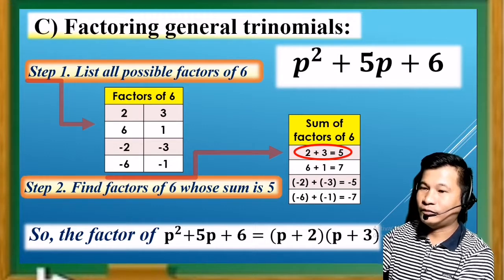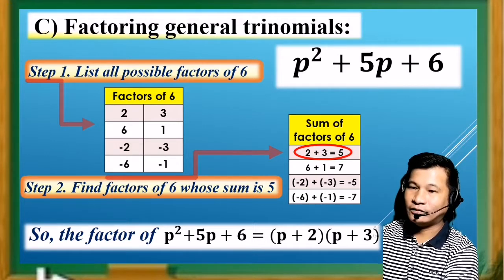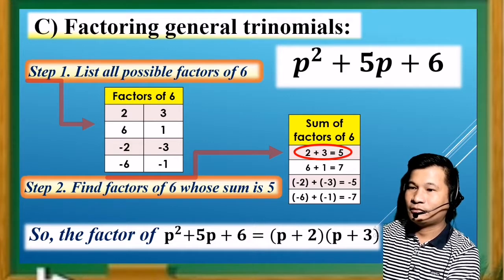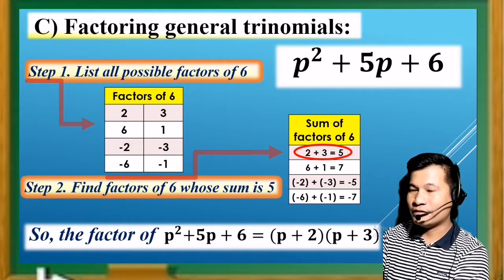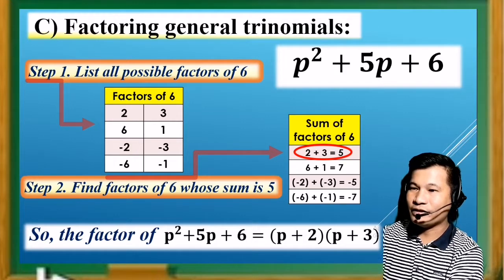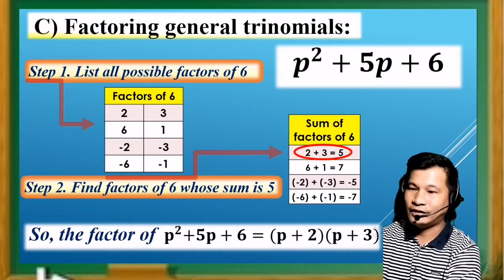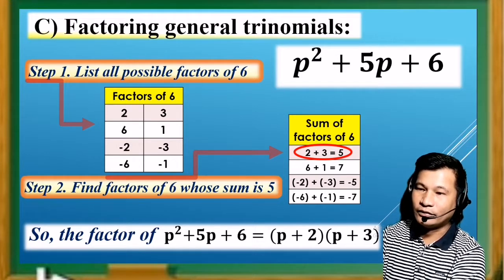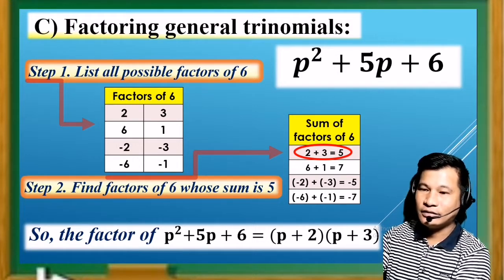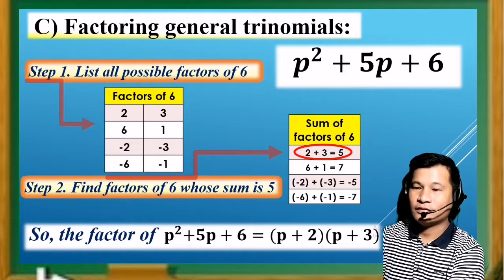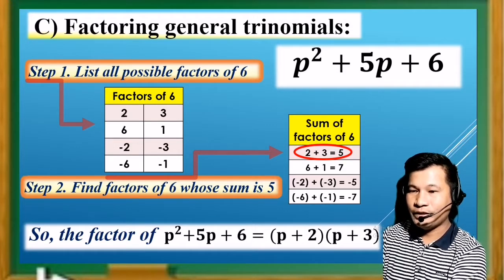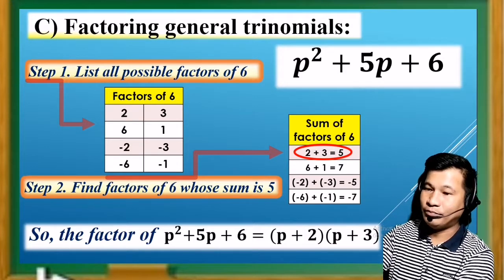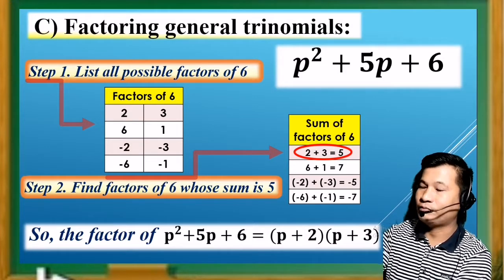So what we are looking for is a sum of two factors that will give us the numerical coefficient of the middle term 5p, which is 5. So the factors that we are looking for are 2 and 3. Therefore, the factor of p squared plus 5p plus 6 equals the quantity of p plus 2 times the quantity of p plus 3.